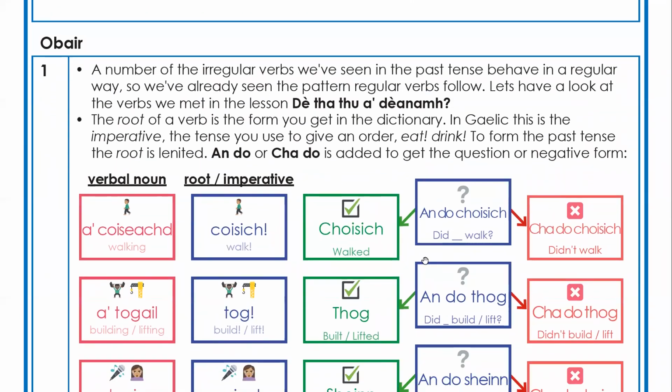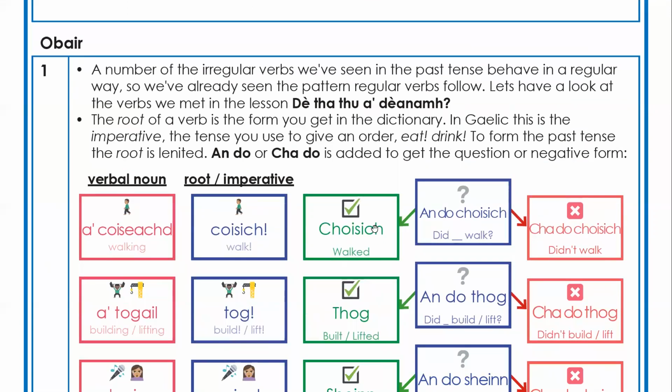To ask somebody if they walked, an do choisich thu dhachaigh? Choisich mi dhachaigh. Cha do choisich mi dhachaigh, chaidh mi an càr. I didn't walk, I went in the car.